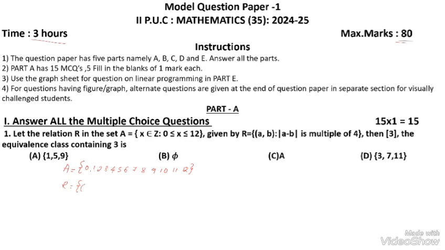Here the pair 0 comma 3 is not included, since 0 minus 3 is not a multiple of 4. But 0 comma 4: 0 minus 4, we get 4, which is a multiple of 4.